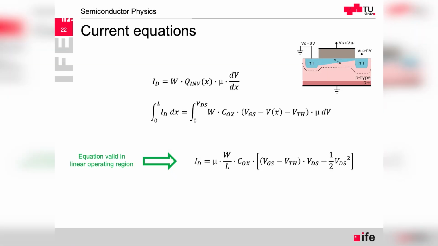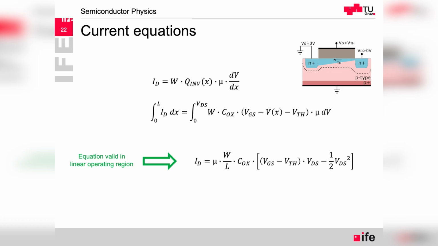If we now take the integral on the left-hand side, the current from 0 to L, and on the right-hand side from 0 to VDS, which is the maximum voltage that we see across the channel. So depending on the position, the voltage is gradually increasing. And we are talking always about the linear region. So the change is gradually linear.